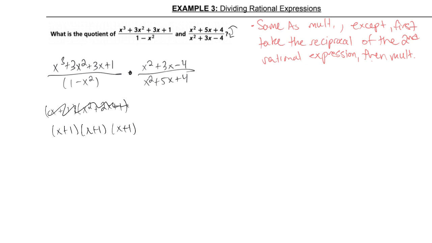Okay, then that's over 1 minus x squared, so 1 plus x and 1 minus x. And then we multiply that, and then we factor out this, and it becomes x plus 4, x minus 1.